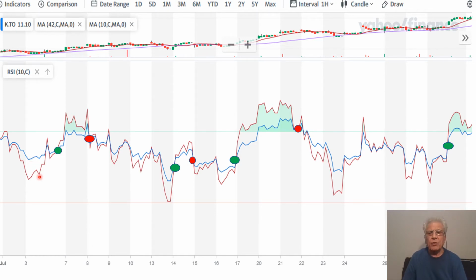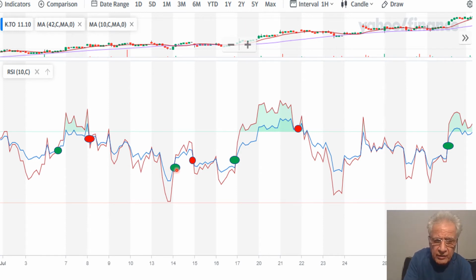Wherever the RSI 10 crosses RSI 20 while going upward, we use this cross as entering the market. So here we enter the market, and whenever the RSI 10 crosses RSI 20 while going downward, we use that cross as exiting the market.